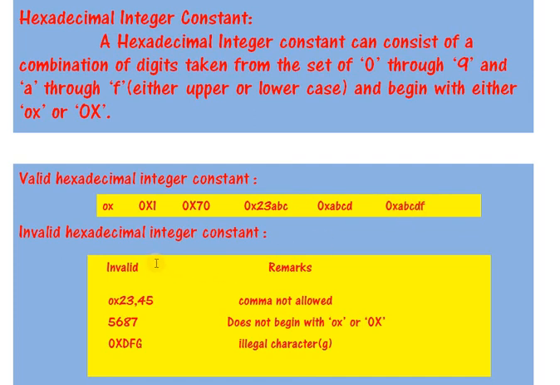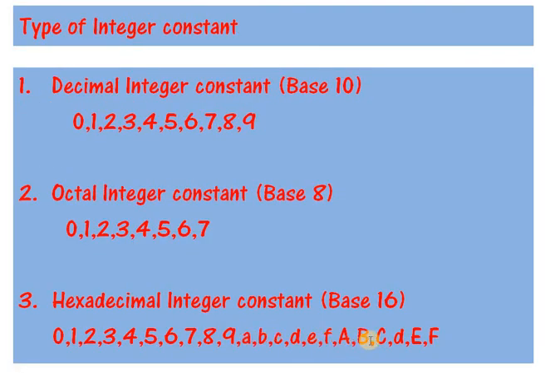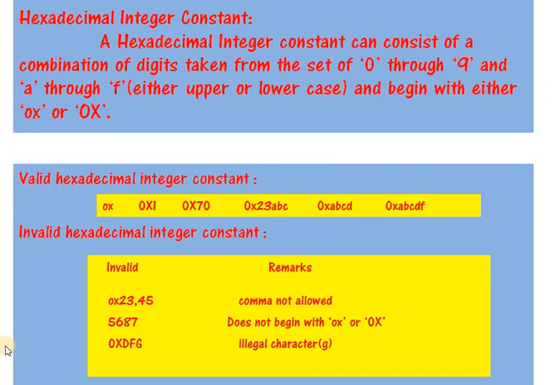Some invalid hexadecimal integer constants: 0X23,45: comma is not allowed in our hexadecimal integer constant, therefore it's invalid. 5687 does not begin with small 0x or capital 0X, therefore this number is not valid. 0XDFG: G is an illegal character, because in hexadecimal we consider only A to F, small a to f and capital A to F. So it's invalid.